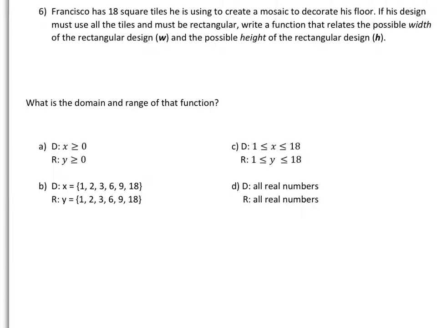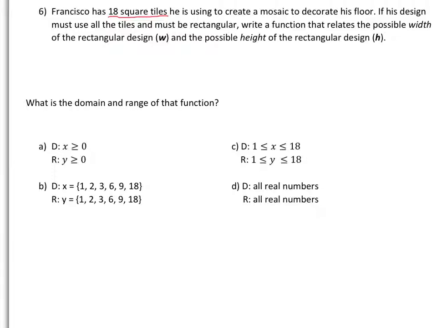Francisco has 18 square tiles. This one was a little tricky because he has 18 square tiles only that he's using to create a mosaic to decorate the floor. If his design must use all the tiles and must be rectangular, write a function for the possible width of a rectangular design and the possible height of the rectangular design.